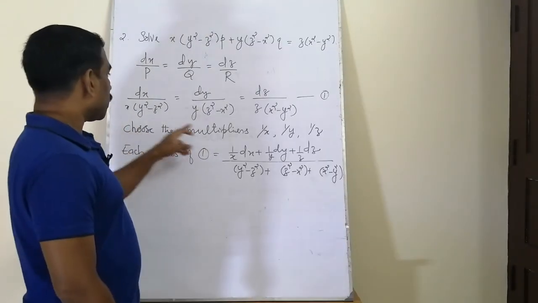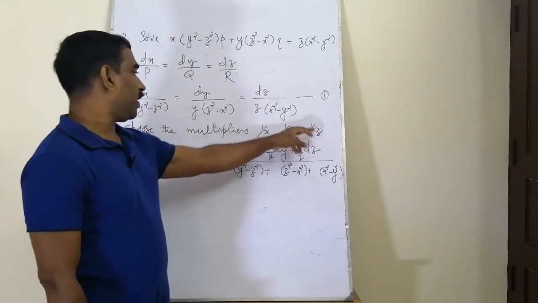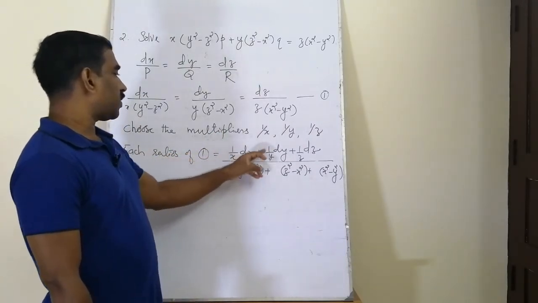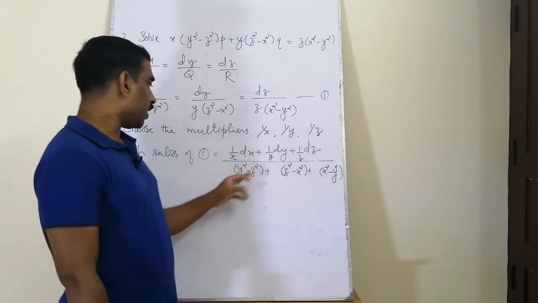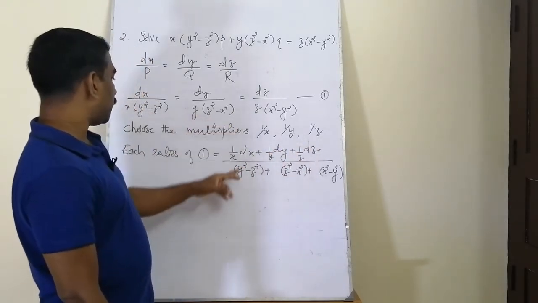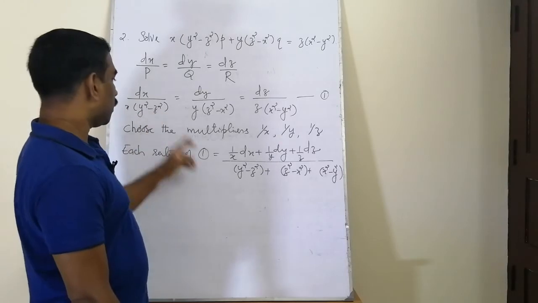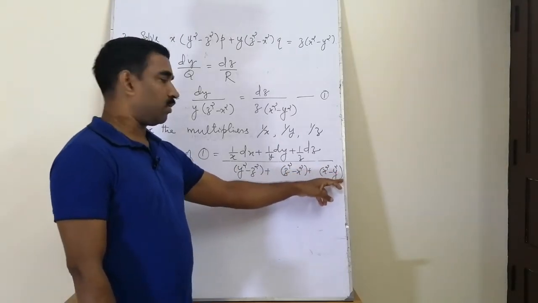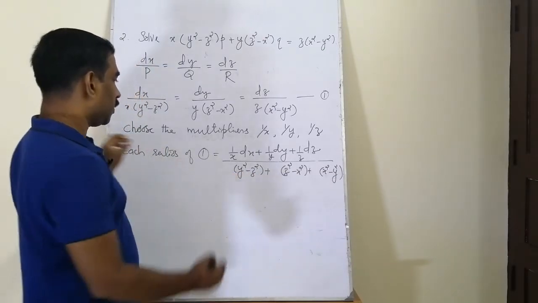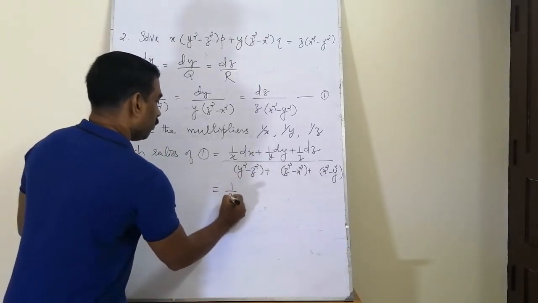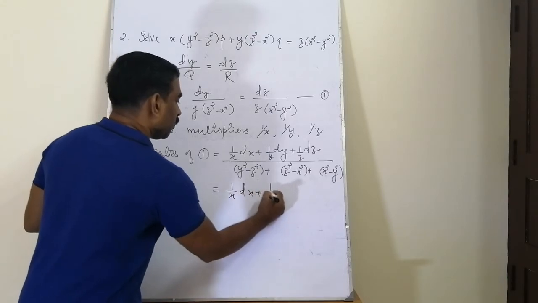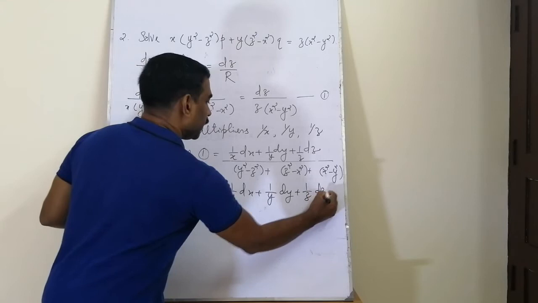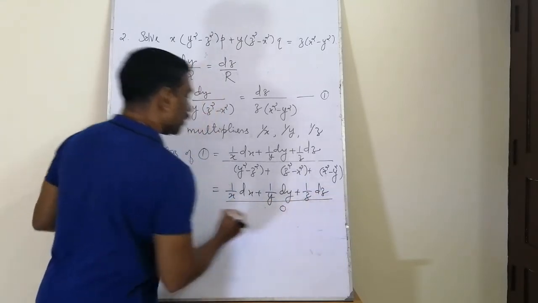We can write each ratio of equation 1 is equal to ((1/x)dx + (1/y)dy + (1/z)dz) divided by the sum obtained by removing x, y, z through multiplication with 1/x. So we get (y² − z²) + (z² − x²) + (x² − y²), and this on addition gives 0. That is (1/x)dx + (1/y)dy + (1/z)dz divided by 0.